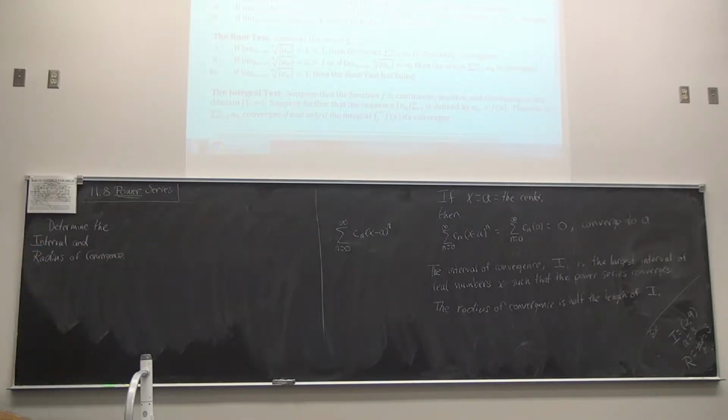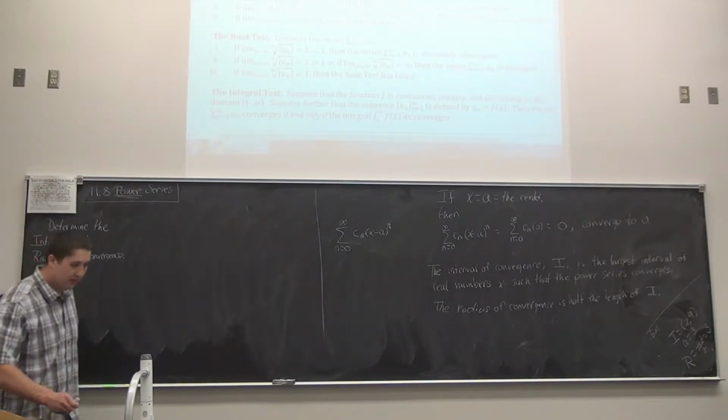What's very interesting about these problems so far is that when you're given a power series, the question is no longer if it converges, because it will always converge at the center, x equal to a. So now the question is, what is the largest interval of convergence and what's its corresponding radius?